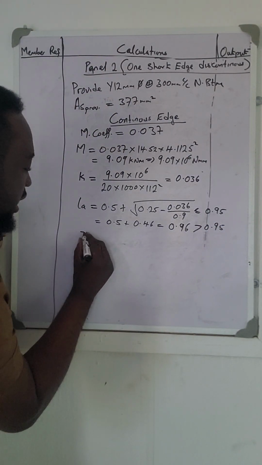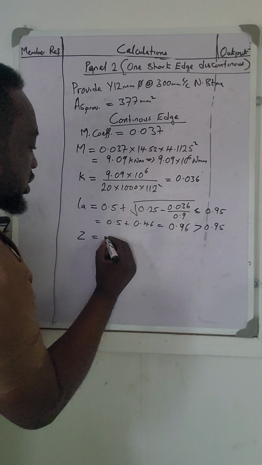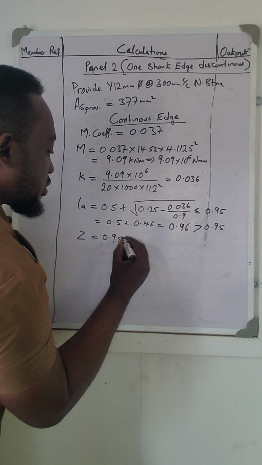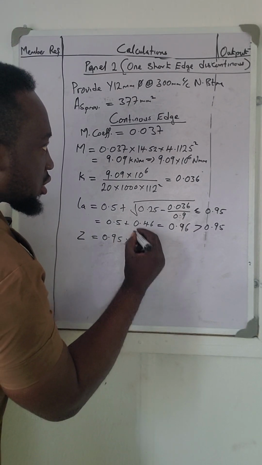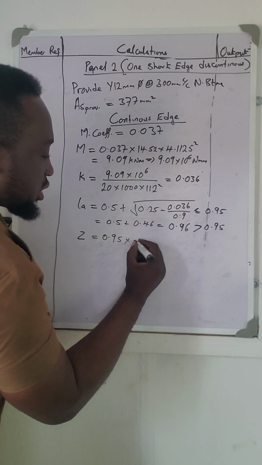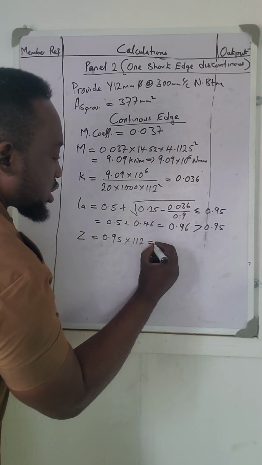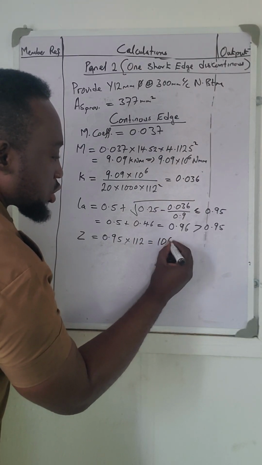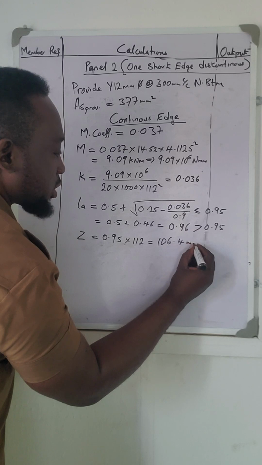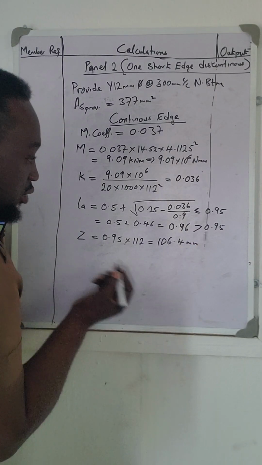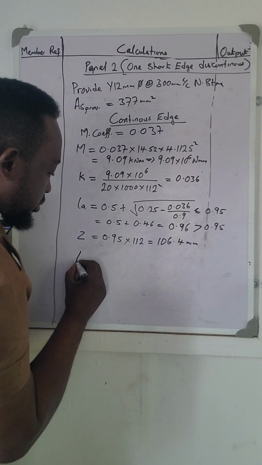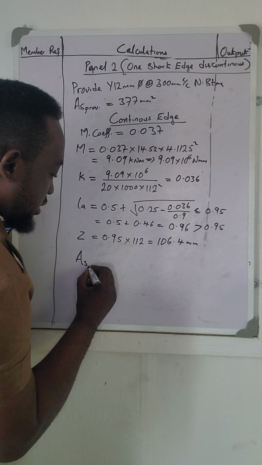So Z is equal to 0.95 multiplied by our d, 112, which is equal to 106.4 millimeters. What we have to calculate for now is AS required.